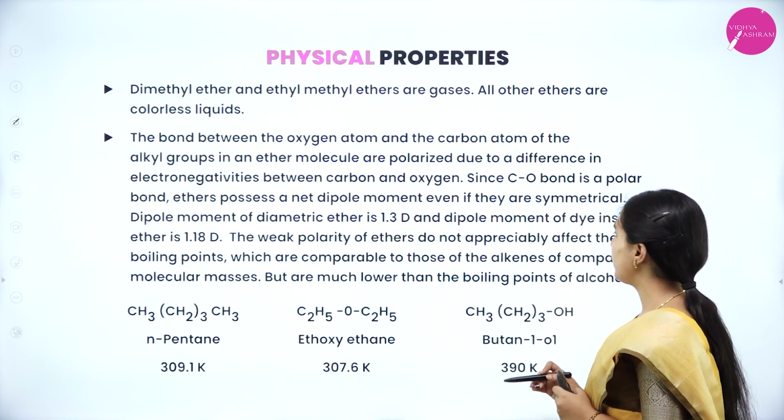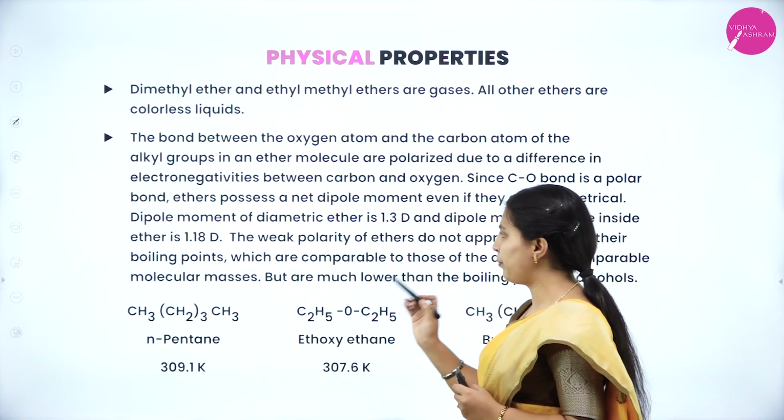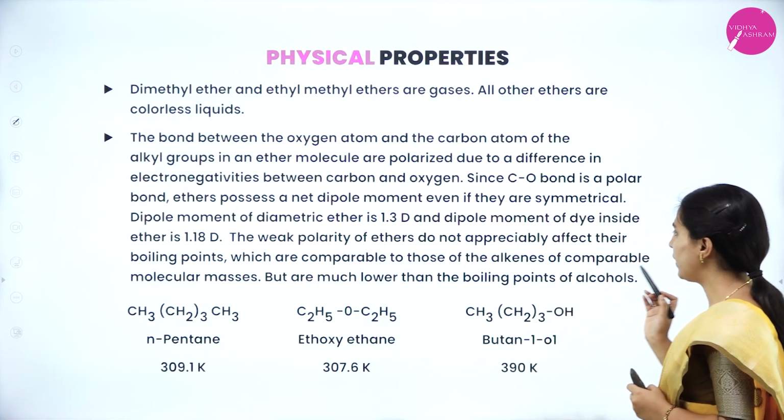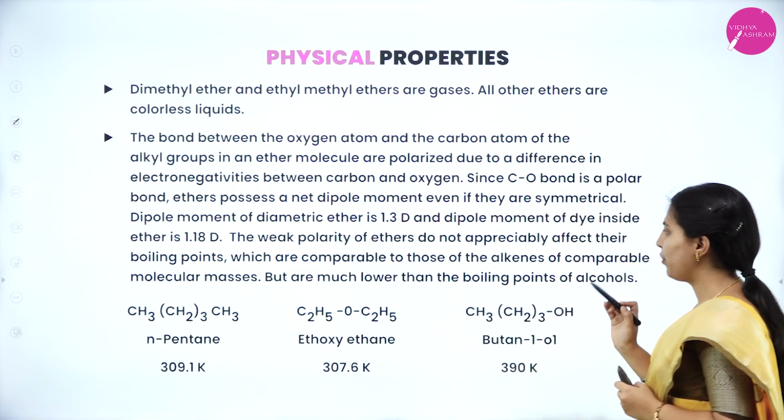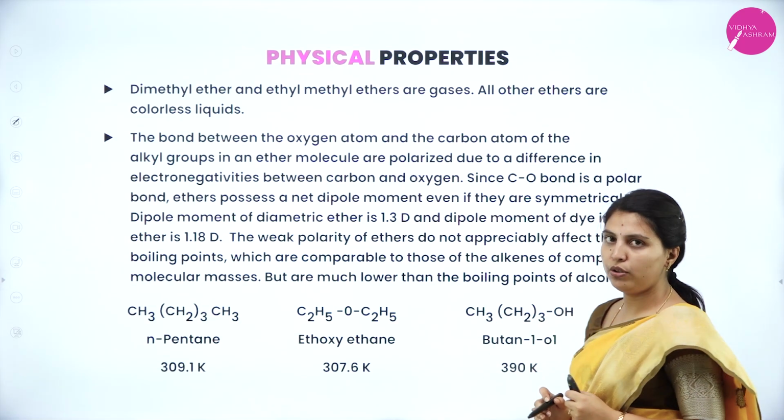The weak polarity of ethers does not appreciably affect their boiling points, which are comparable to those of alkanes of comparable molecular masses, but much lower than the boiling points of alcohols.